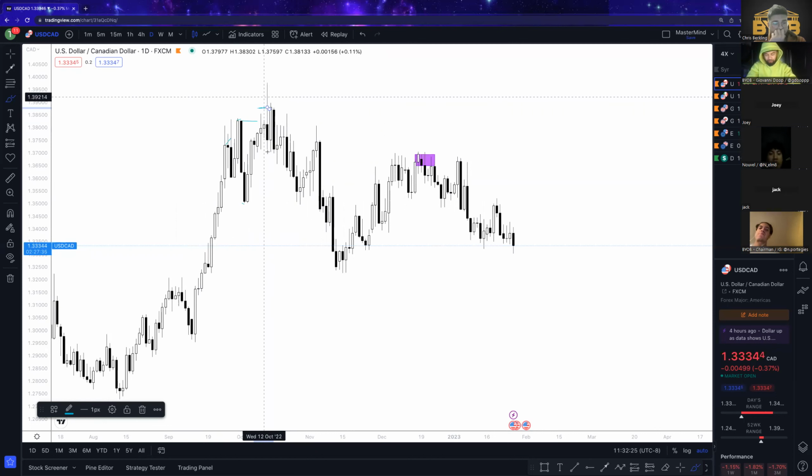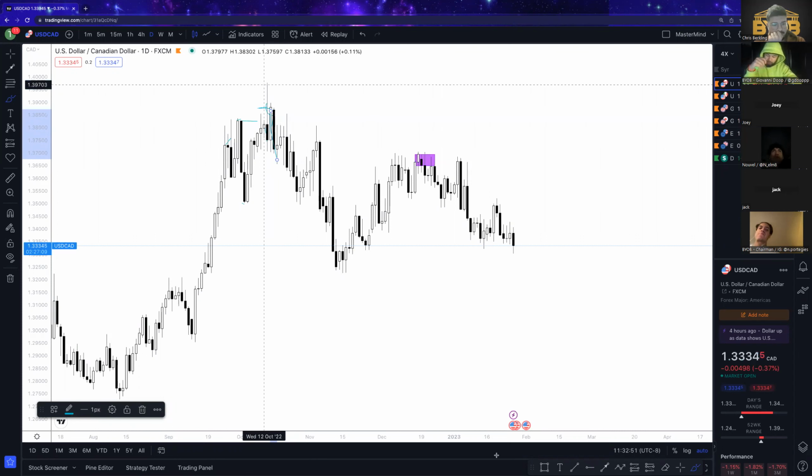This is the daily, and you see this wick come above, a little bit of distribution, then come back up. So on the 4 hour and 1 hour there was some break here, and this push up is just to fill the leftover imbalance before redistributing. So we see a close, break of structure on the daily.